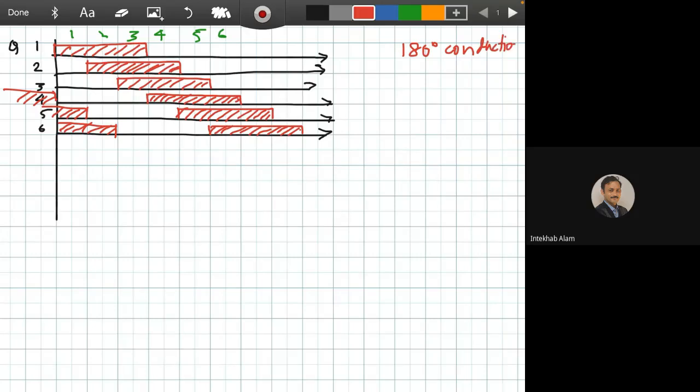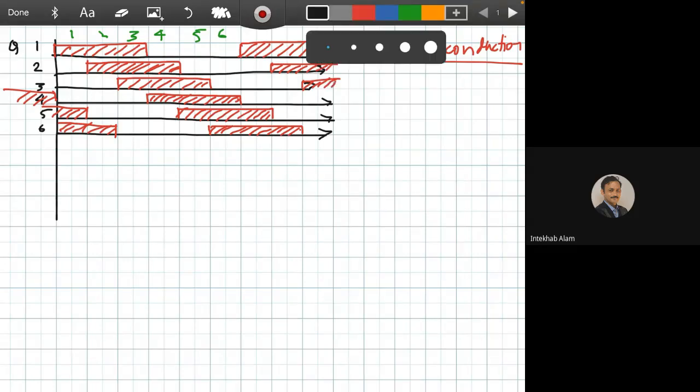Switch 2 will again start from here. Switch 3. And the circuit was in this fashion.